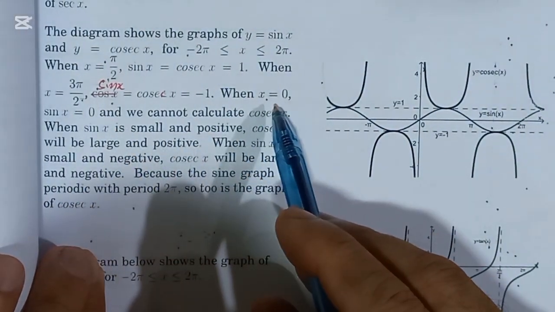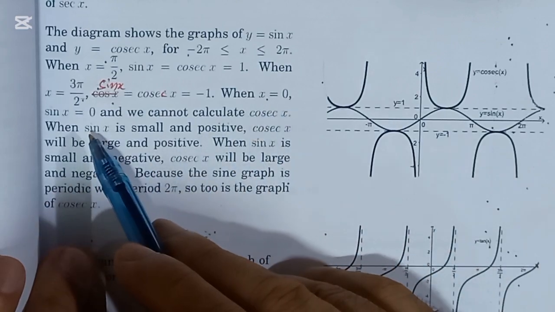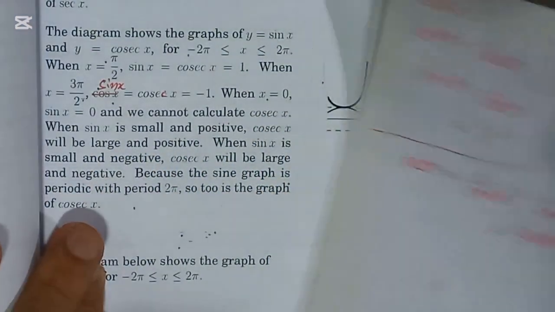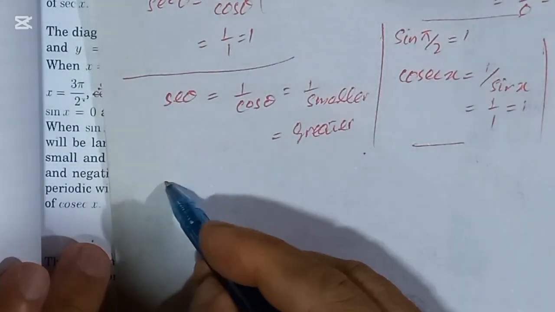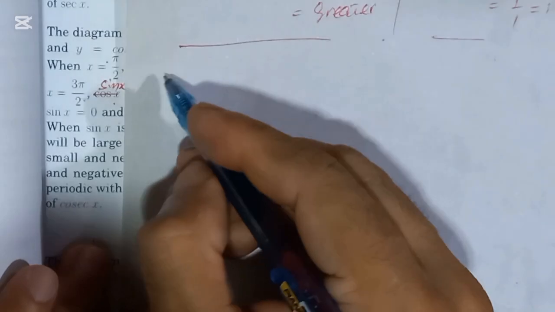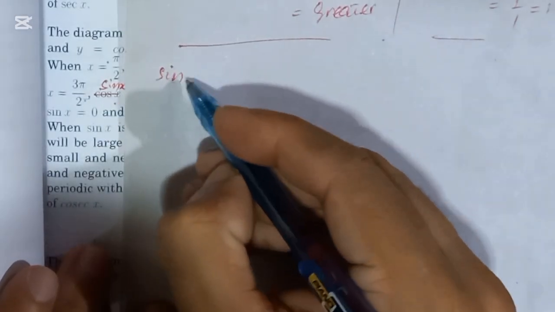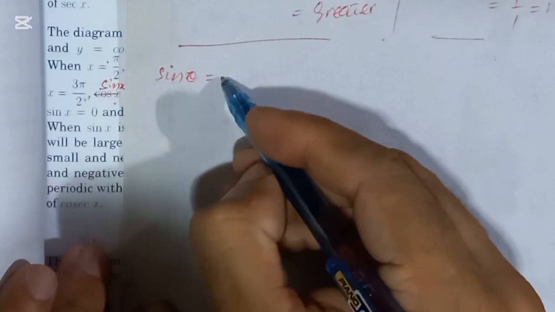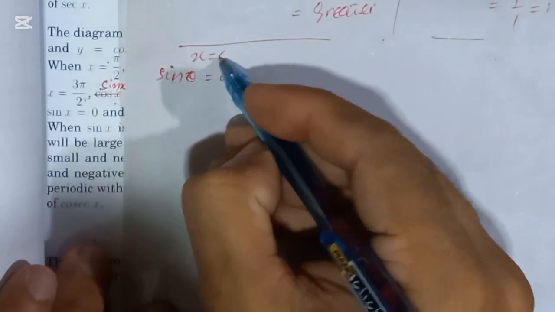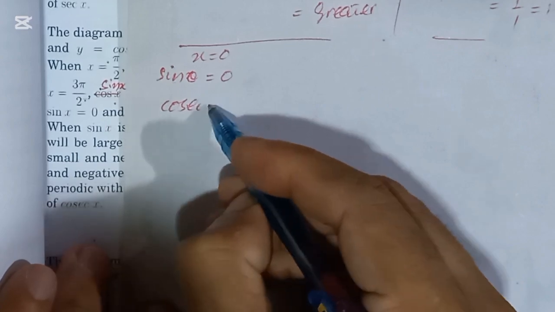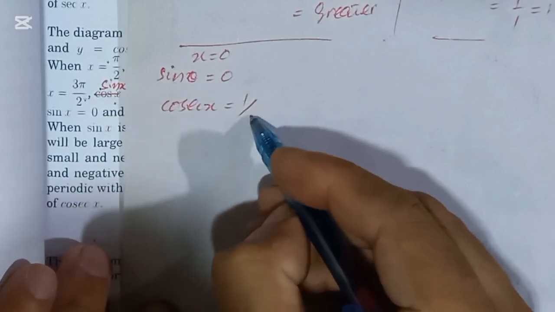When x is equal to 0, sine x is equal to 0, and we cannot calculate cosecant x. So look now, this is the concept. Sine 0 is 0 when x is equal to 0, and cosecant is equal to 1 over sine.